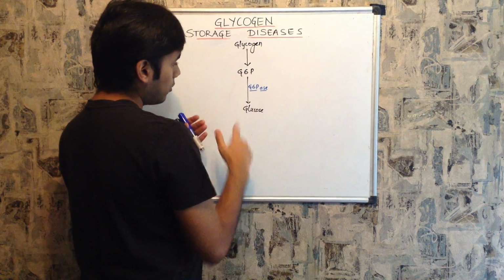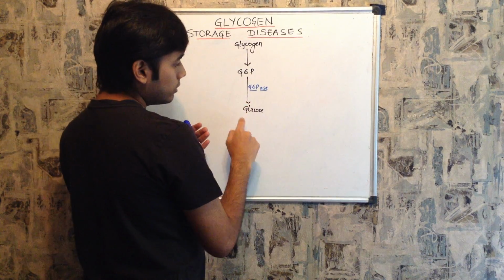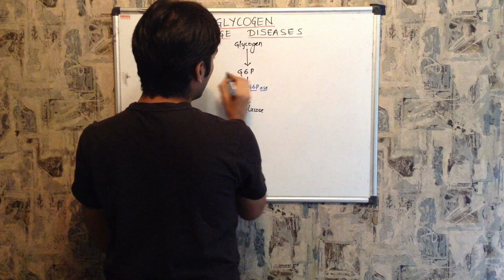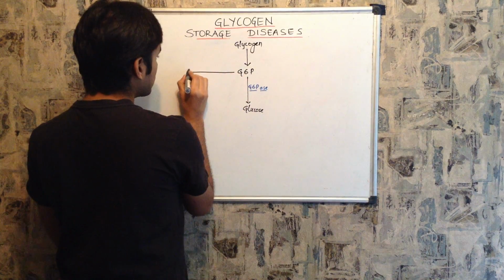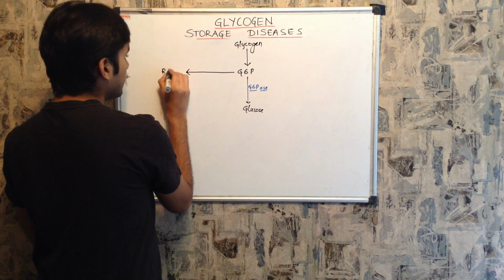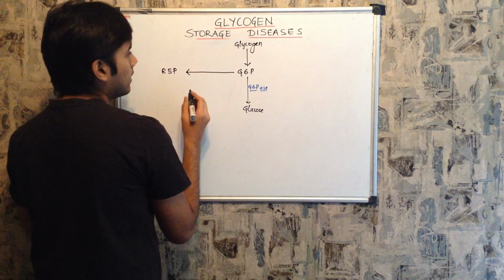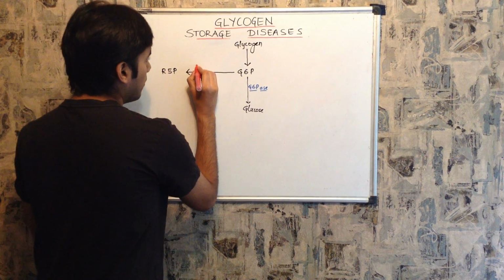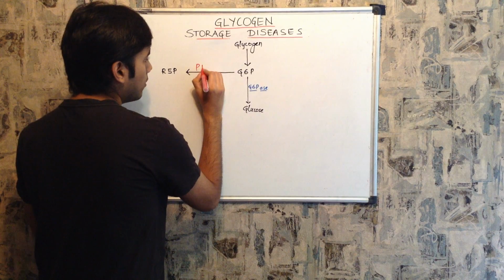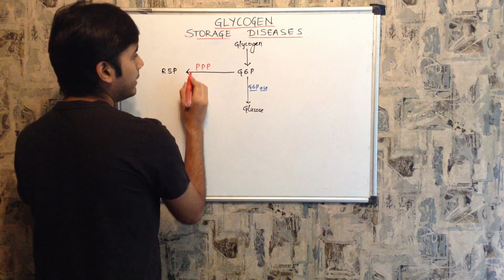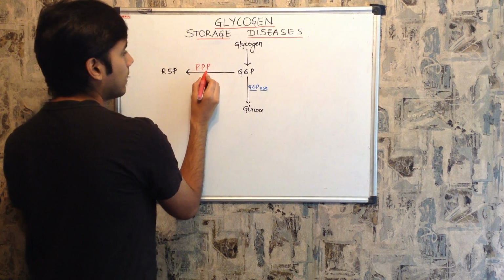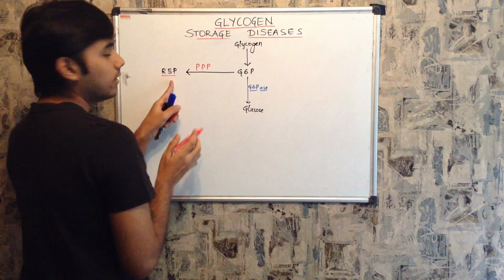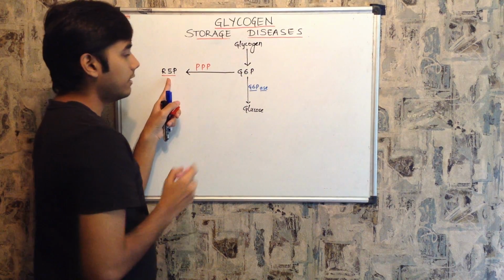And one more thing, not only glucose is formed, glucose 6 phosphate is also a substrate for the formation of ribose 5 phosphate by a pathway called the pentose phosphate pathway, PPP.